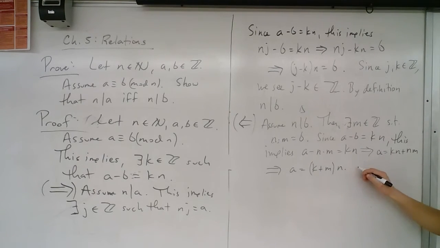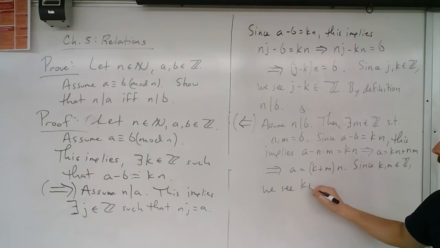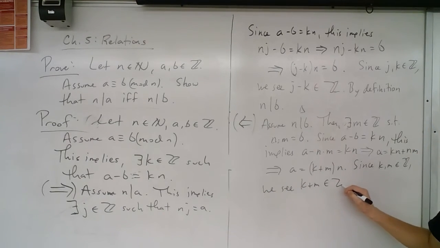And then we simply finish this off by saying, since k and m are in Z, we see k plus m is also in Z, hence n divides a.